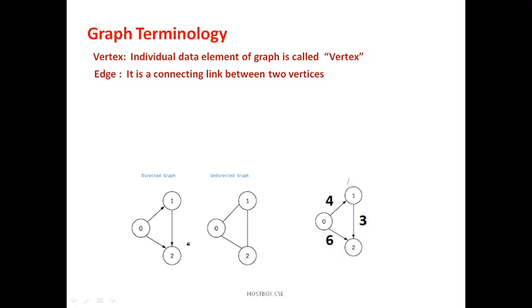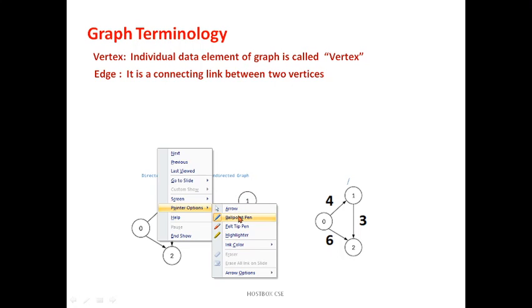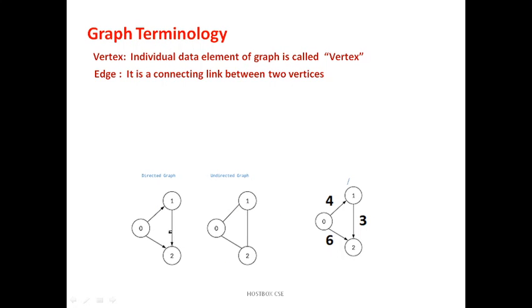Two vertices can be connected with the help of an edge. For example, the connection between 0 and 1 is an edge here.